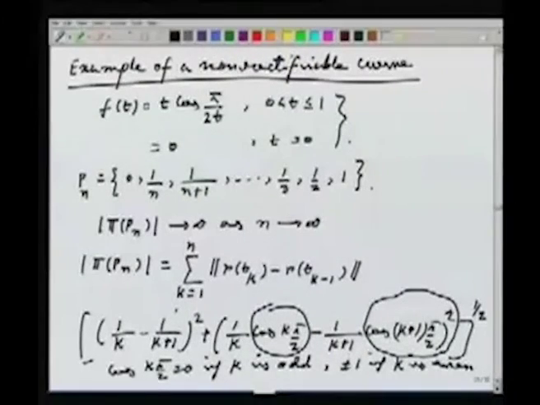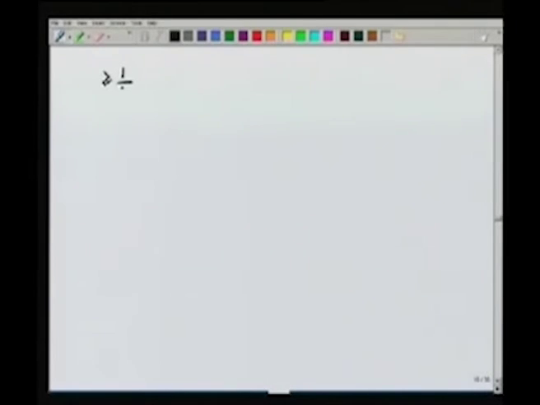If k is even, then cos((k plus 1) pi by 2) is 0. If k is odd, then cos(k pi by 2) is 0. Using that, I can say that the above quantity is bigger than or equal to 1 by k or 1 by k plus 1. In any case, it is bigger than or equal to 1 by k plus 1.